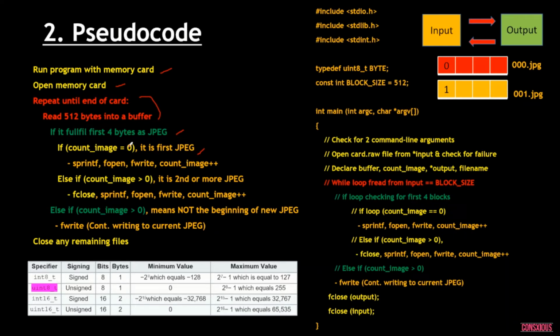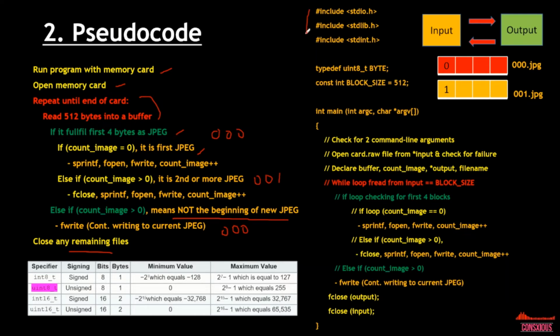Else, if it doesn't fulfill the new JPEG requirement, meaning it's not the beginning of a new JPEG, for example in 000, these blocks will keep writing in 000. Else, when we reach a new JPEG file, we go to 001, and it belongs to these statements. Then at the end, we just close it. You can see the coding in more detail here.